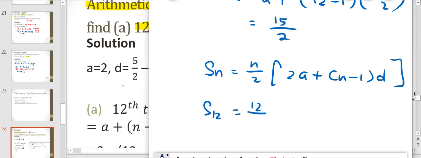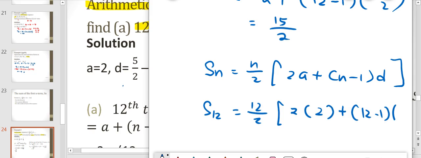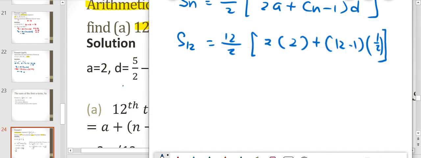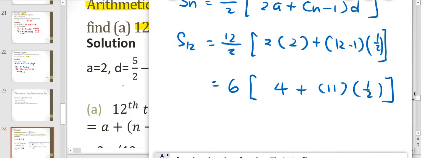So 12 divided by 2, then 2 times a, your a is 2, your n is 12, your d is 1 over 2. Just substitute in 4 add up with 11 times 1 over 2.